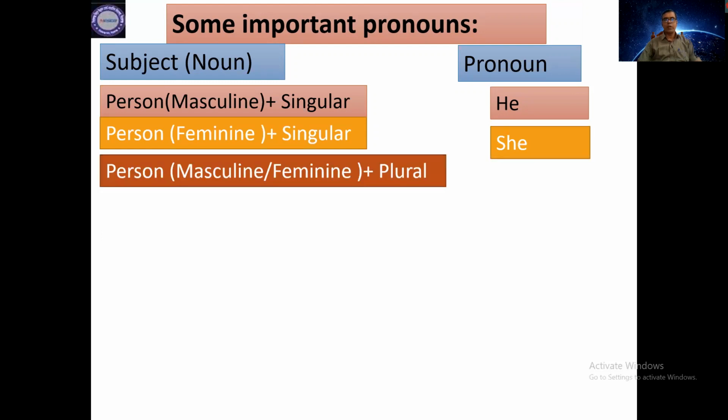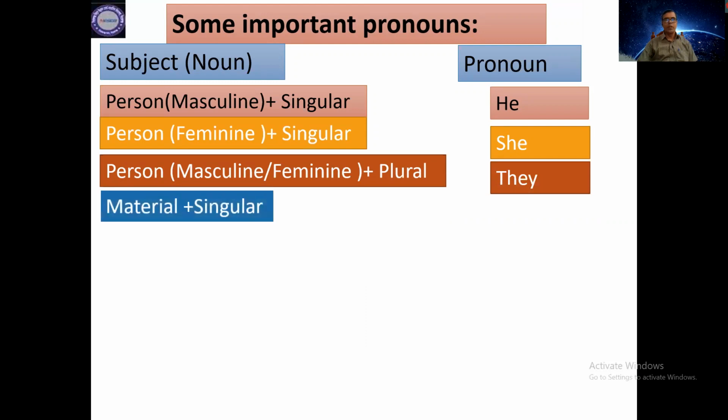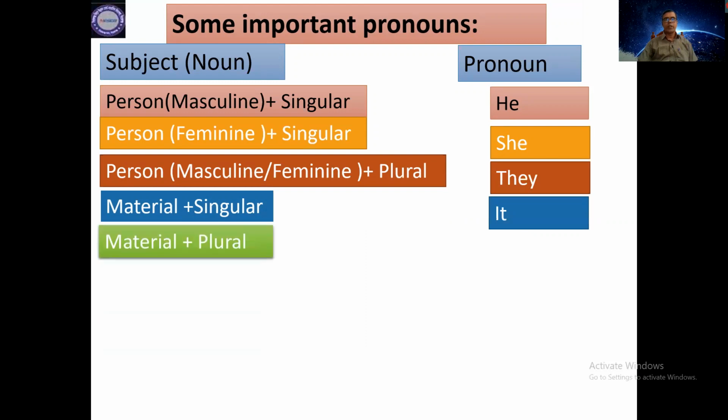Person, masculine or feminine, plural, and the pronoun is they. Material noun, singular, pronoun it. Material noun, plural, pronoun they.